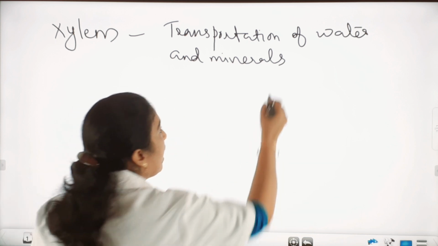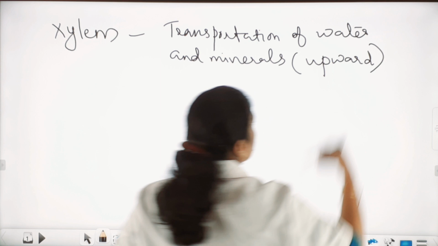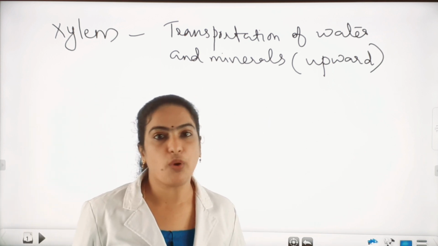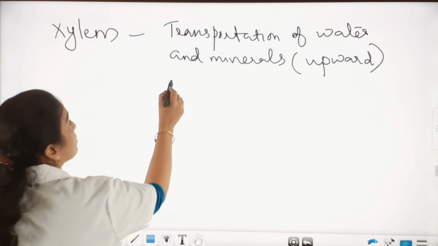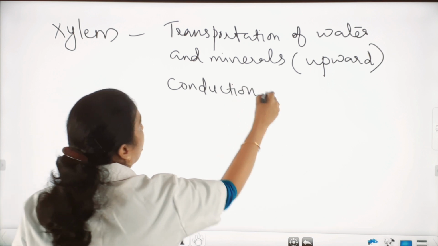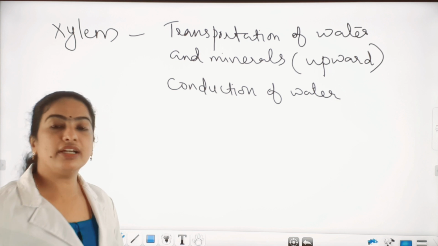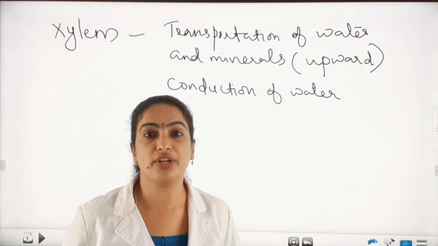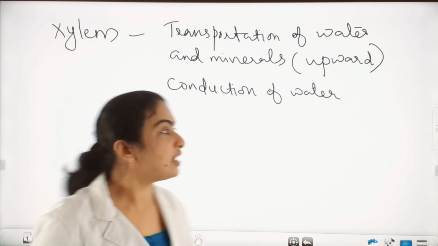So there is only upward transportation here. The xylem can do only upward transportation of water and minerals. Here the transportation of water is also known as conduction. There is only upward conduction of water and minerals from the roots to different parts of the body by the xylem tissues. Is it clear about xylem tissues?